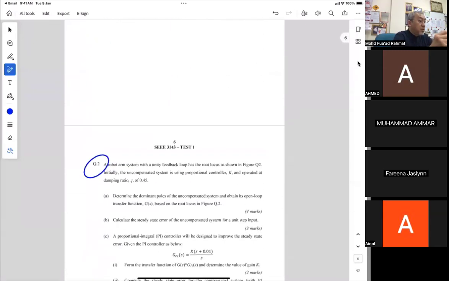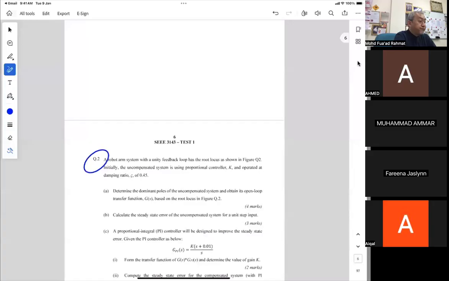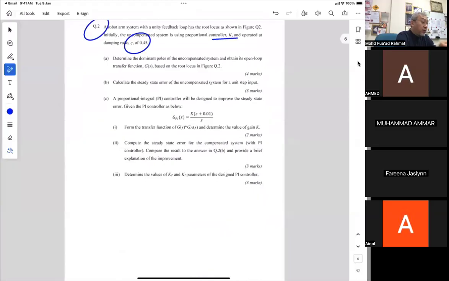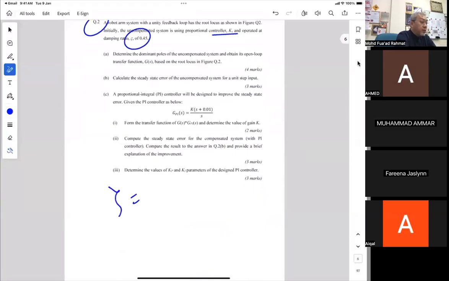So this is the given plot. Proportional K and operated at 0.45. Okay, so 0.45 is zeta.